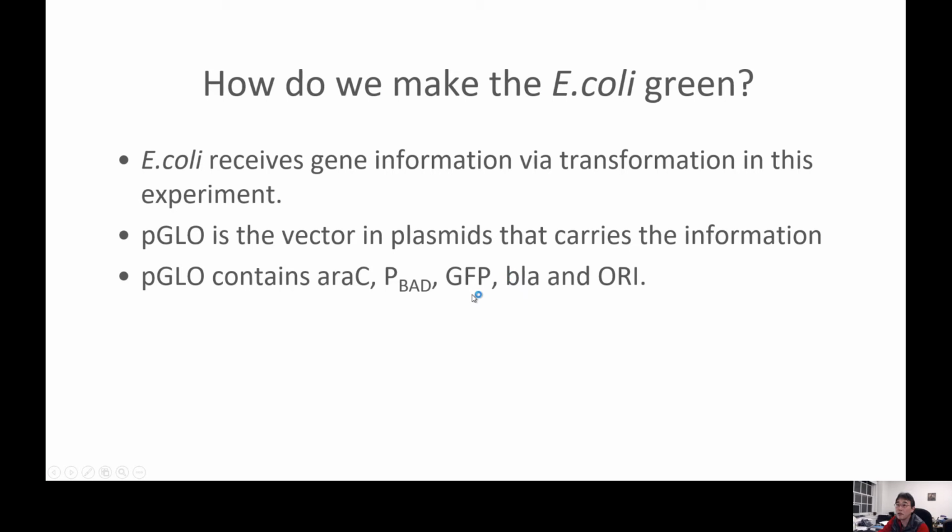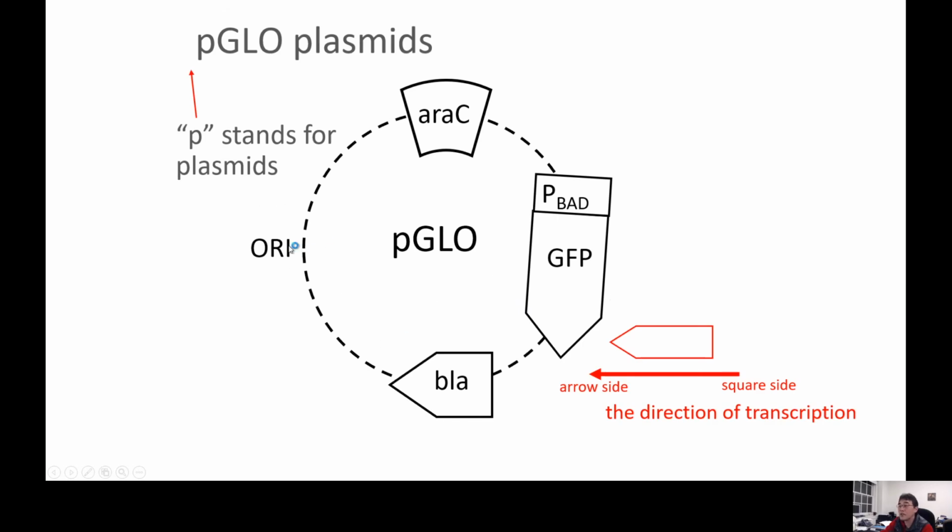And also, the pGLO vector contains a couple of other important genes that you are dealing with. The regions are called RC, PBAD, and GFP, of course, and the BLA gene, and ORI. ORI is just the origin. It's where the replication starts taking place.